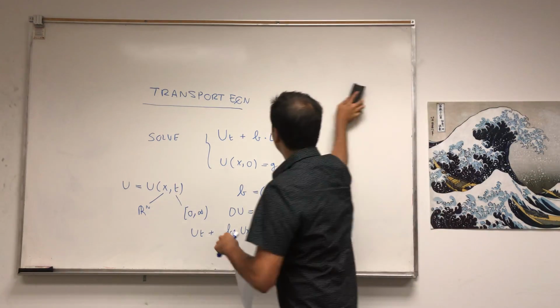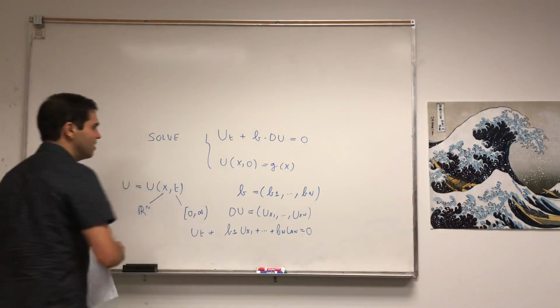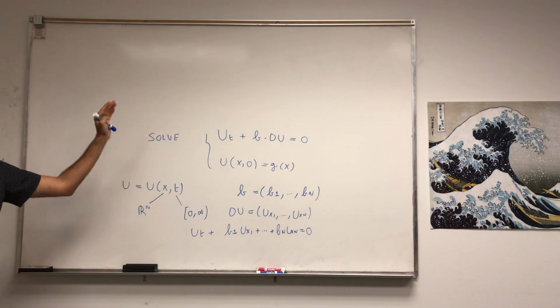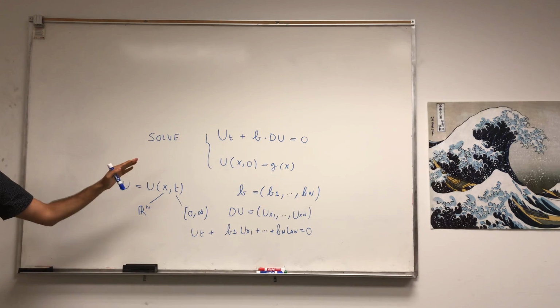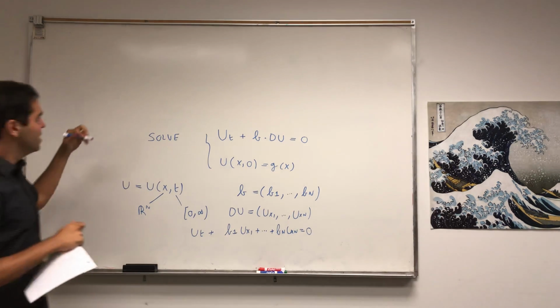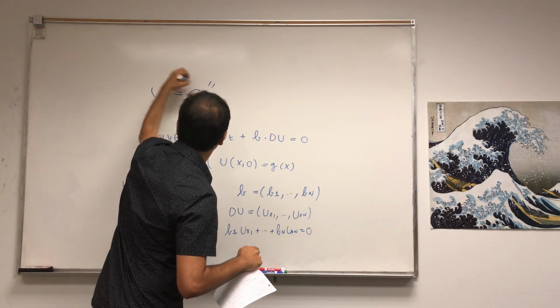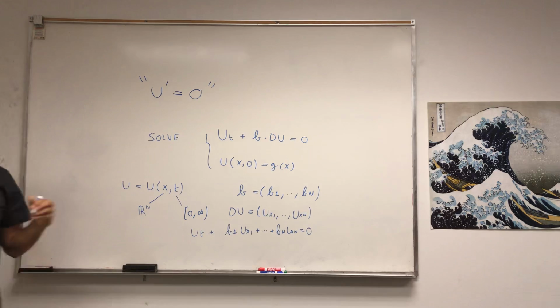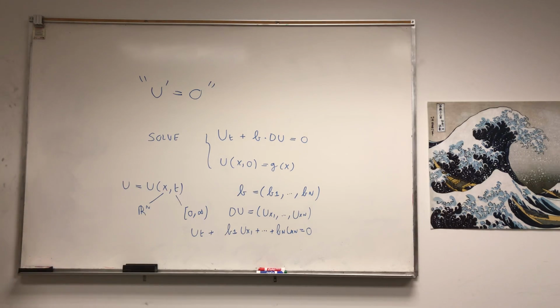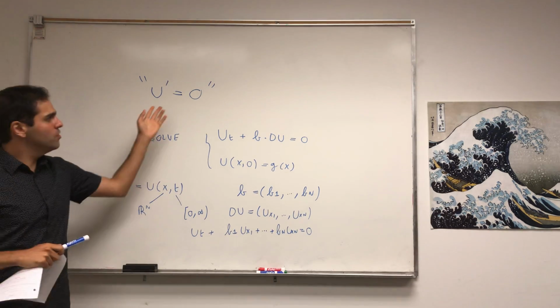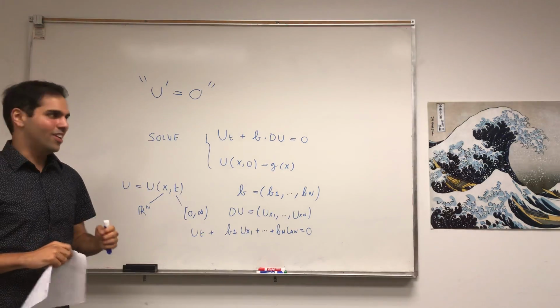And here's how to solve it. Basically, we want to take this equation and somehow transform it into u prime equals 0, in a more sophisticated way. If u prime equals 0, you in fact get u equals a constant.